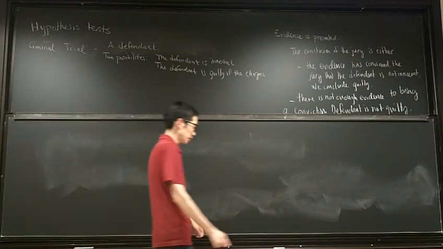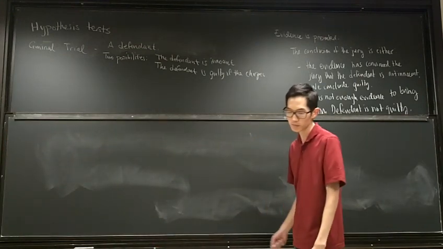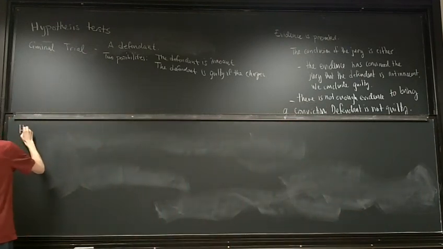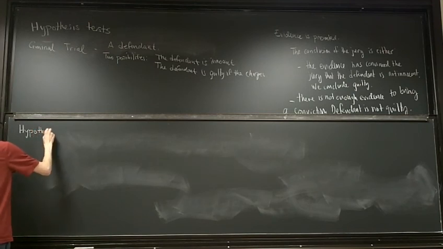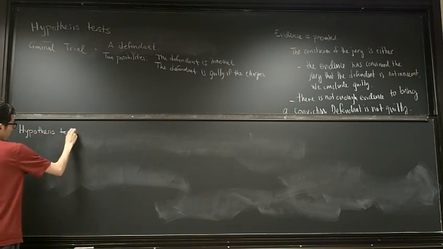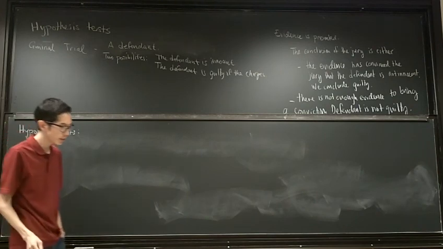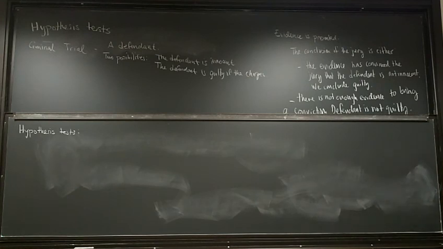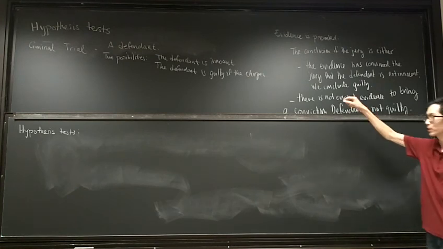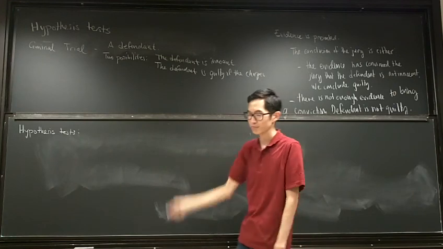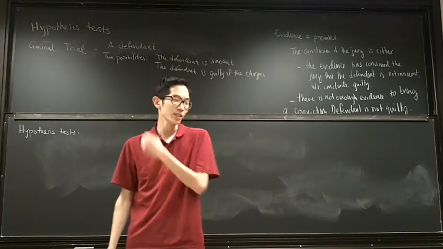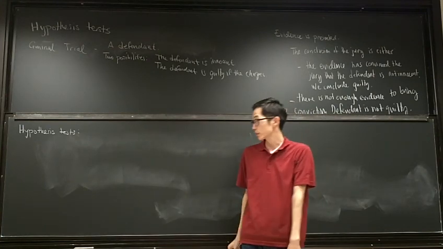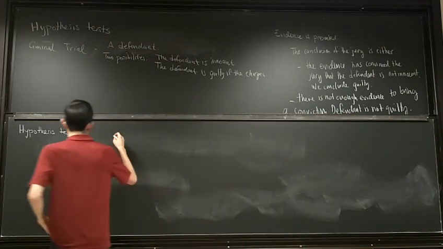Okay, so in hypothesis tests, we're going to be dealing with data. And here, our claims of guilty or not guilty don't go the same way that we have for criminal trials. It's not, is this number guilty or not? Okay. We set up two possibilities: the null hypothesis and an alternative hypothesis.